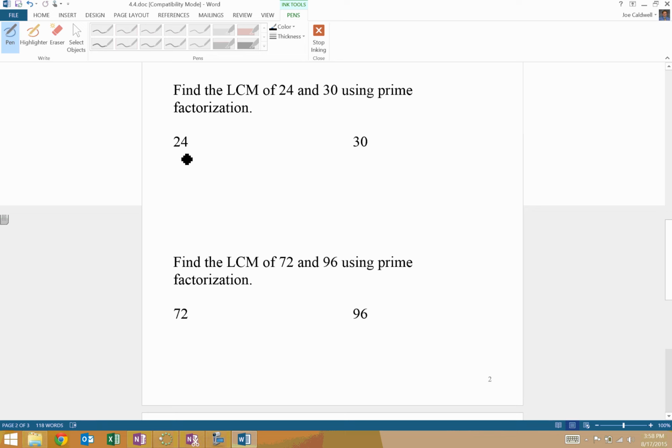So let's go ahead and factor this out. There are a couple different ways to do it. Find the prime factors first.